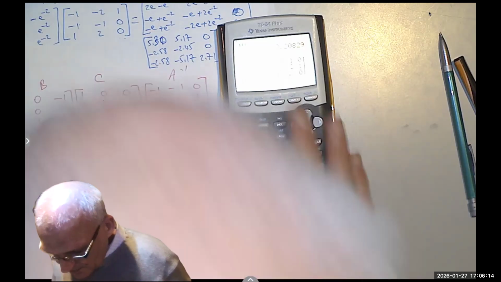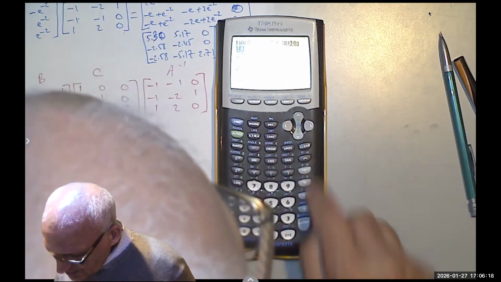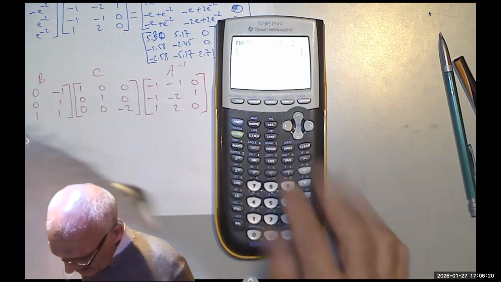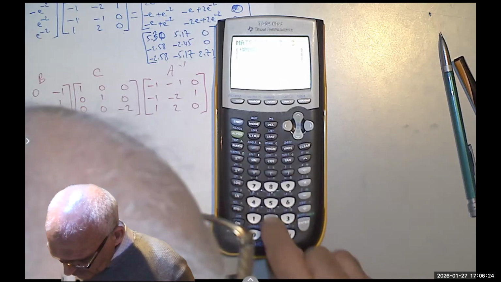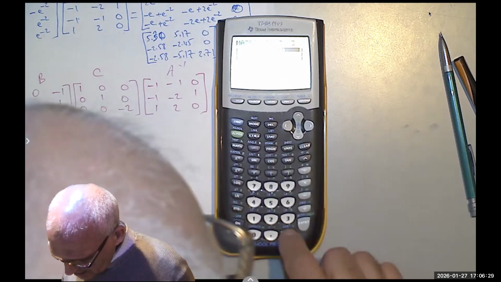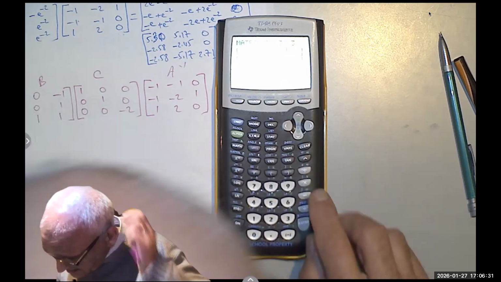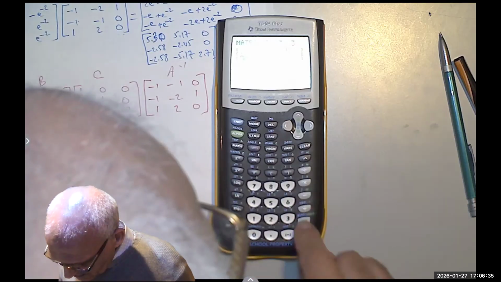So when I go back, I'm going to go to matrix and do matrix B, and I make it 3 by 3, negative 2, 0, negative 1. I'm sorry, negative 1. It's much faster than if we multiply it ourselves. 0, 1, 1.